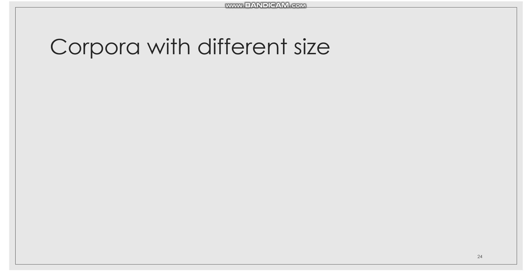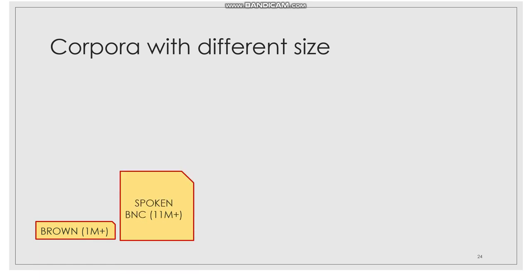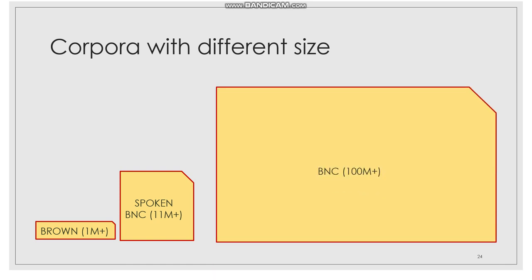Imagine now that you are comparing 3 corpora whose sizes are not equal. Brown Corpus, which is around 1 million, spoken British National Corpus, which is around 11 million, and British National Corpus, which is around 100 million.